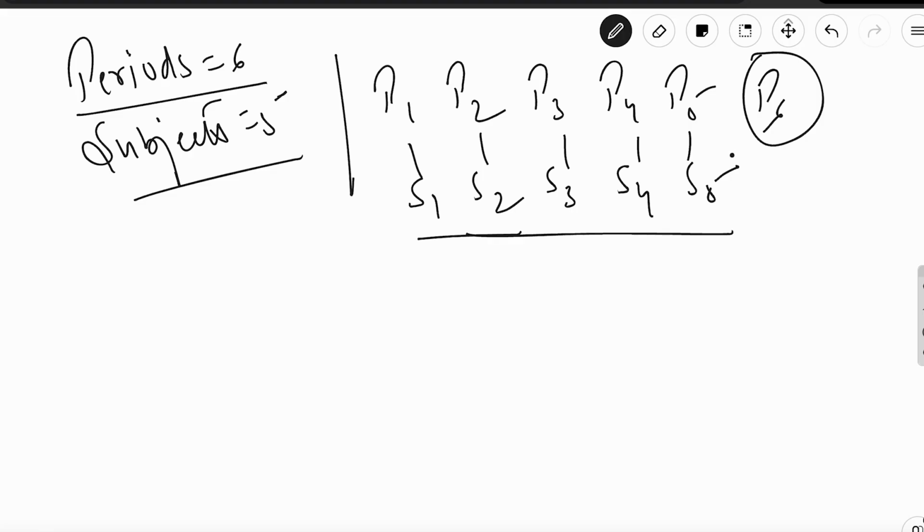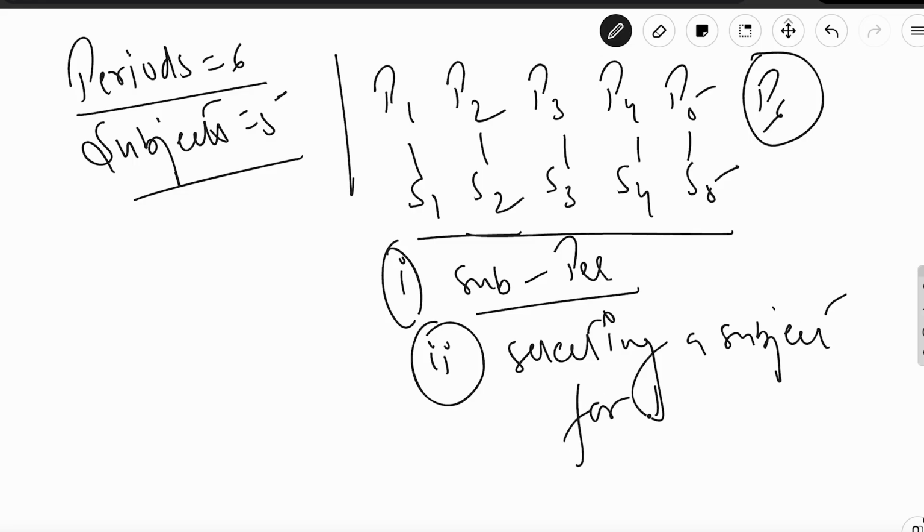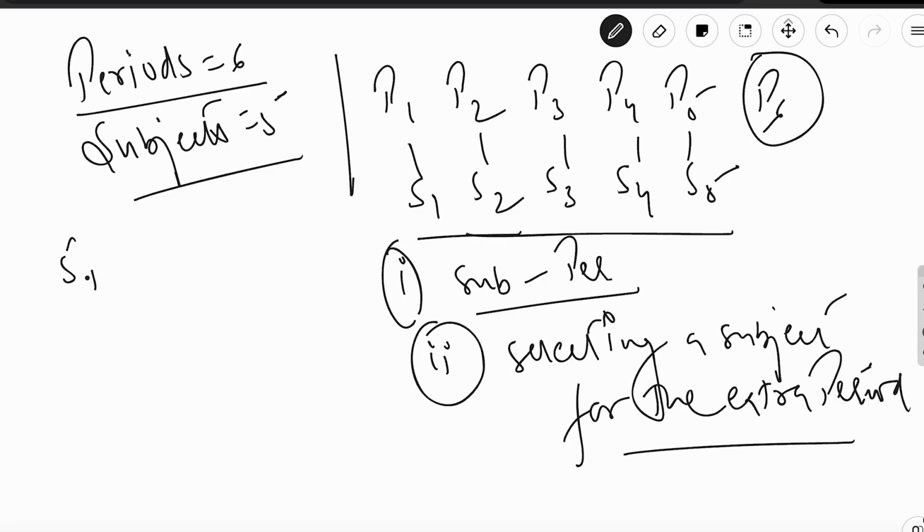First of all, there are 2 things here. One is subject to period mapping. The second thing is selecting a subject for the extra period. We have 5 periods and 5 subjects, and we can arrange them in 5P5 ways.